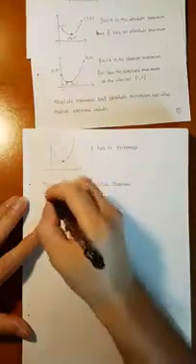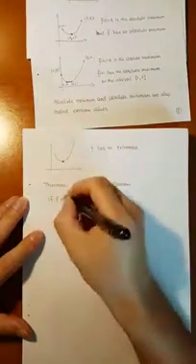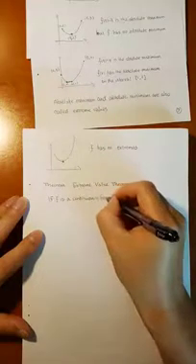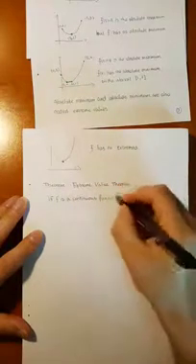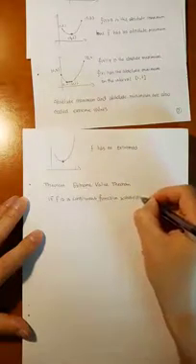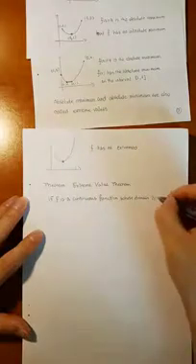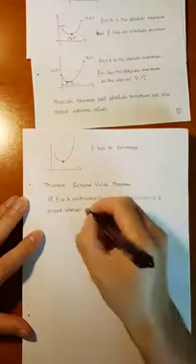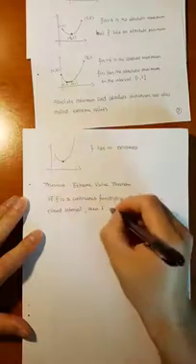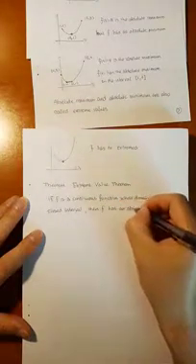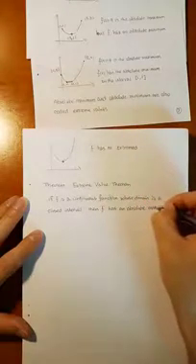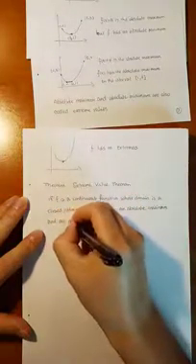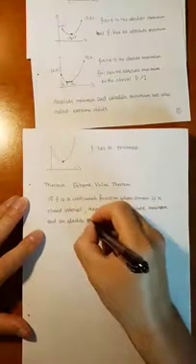The extreme value theorem says: if f is a continuous function, we will study what continuous means, whose domain is a closed interval, then f has an absolute maximum and an absolute minimum.